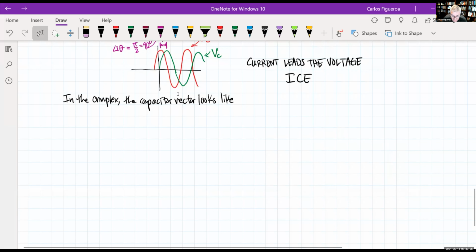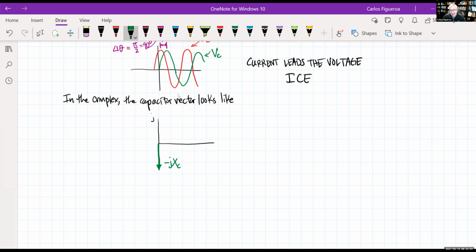The way it looks like is that I have a vector that looks like this. That means here's my j. So that means I now have a vector that points directly down. And this will then be minus jXC.